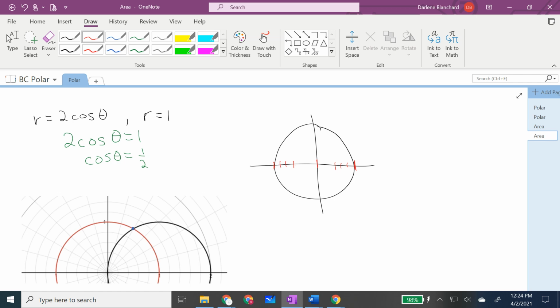1/2 is this one. And what angles does that send us to? We've got pi over 3. And what angle would you write down over here?